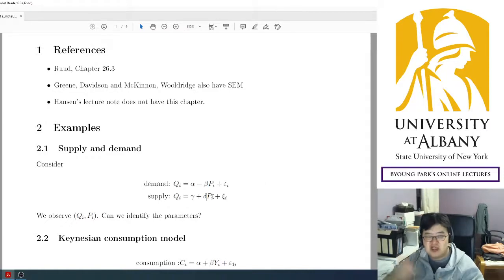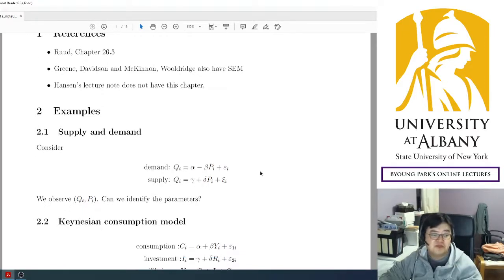Elasticity is important when you calculate monopoly profit, marginal revenue, or the deadweight loss from tax. So we would like to identify these, but can we identify them? If not, what assumptions do we need to add to identify them? That is example number one.